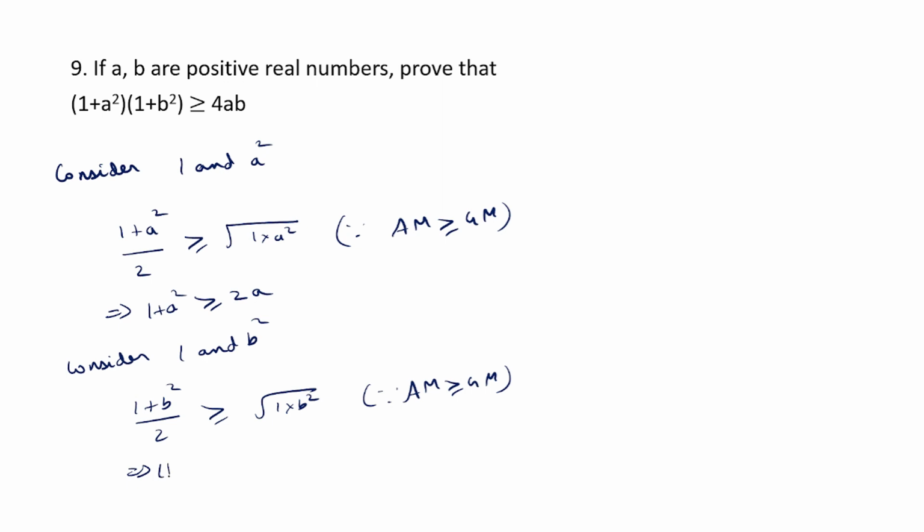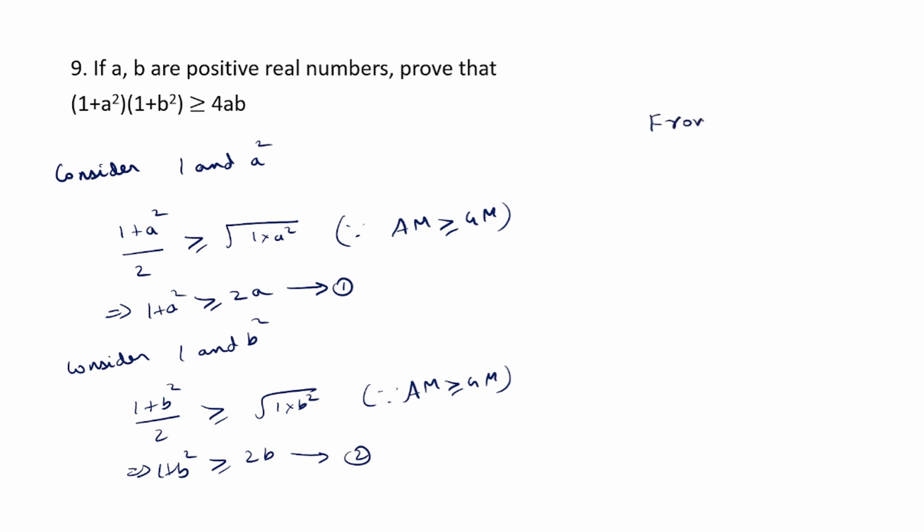So from this we get 1 plus b square greater than or equal to 2b. Let us take this inequality as 1 and this inequality as 2. In both these inequalities, since the left hand sides are more than the right hand sides, the product of the left hand sides will be greater than the product of the right hand sides.